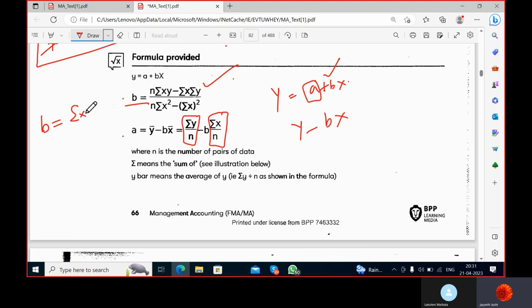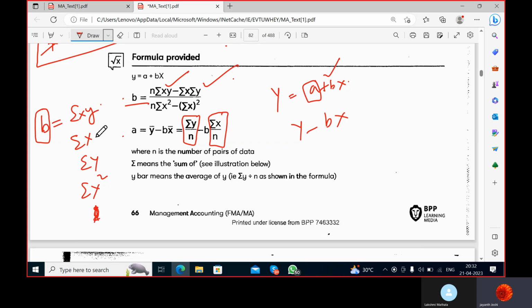B is going to be sigma xy. Sorry, I'm extremely sorry. To find out B, what do you want, Hamsika? You want sigma xy or not? Yes, sir. Sigma xy, sigma x, sigma y, and n, sigma x square, and sigma x, whatever you get, whole square of that.